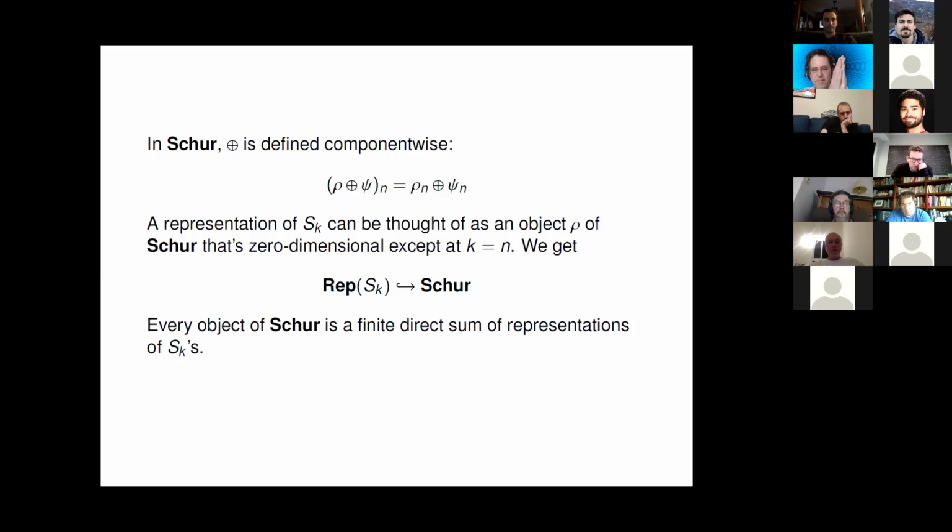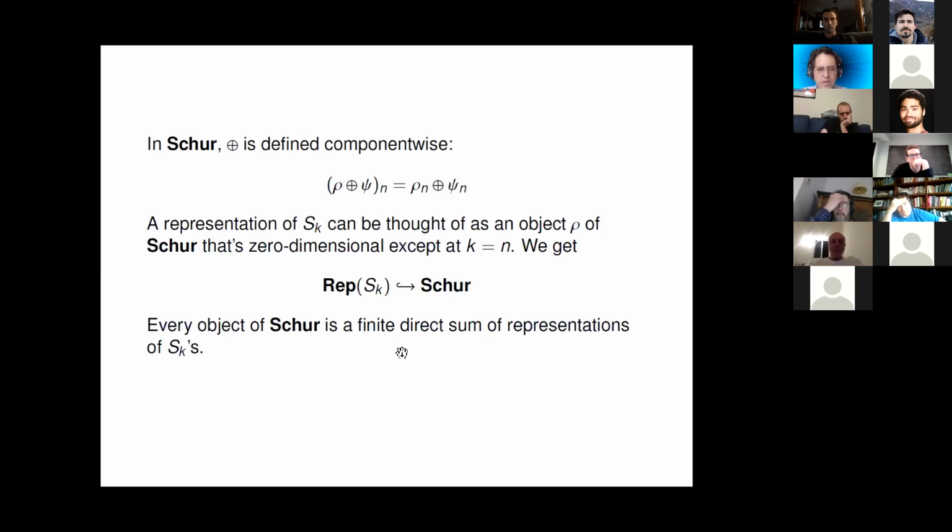So an object in Schur is a whole big fat list of representations. But if we say I want them all to be trivial except the kth one, then it's just a representation of S_k. And so the representations of S_k form a subcategory of Schur, where we just look at these lists that are trivial except at the kth entry. So this is the sense in which all representations of all the different S_k's are sitting inside Schur.